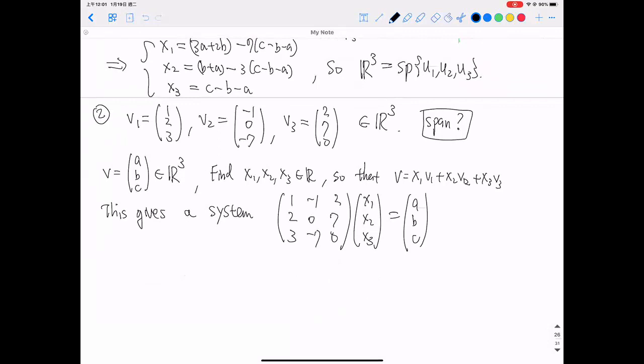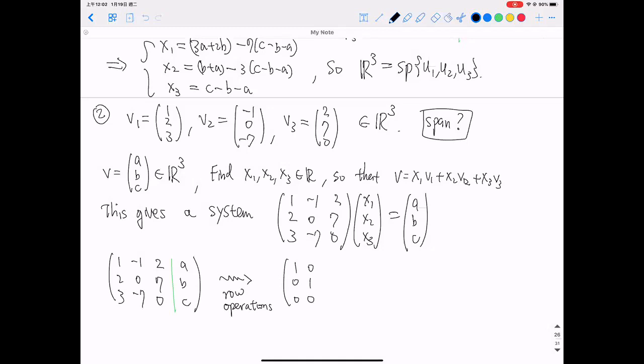We're just going to have to form the augmented matrix and try to solve the system. This time I'm going to skip the details, simply saying that after you do these row operations, you can turn it into reduced row echelon form, which looks like this.